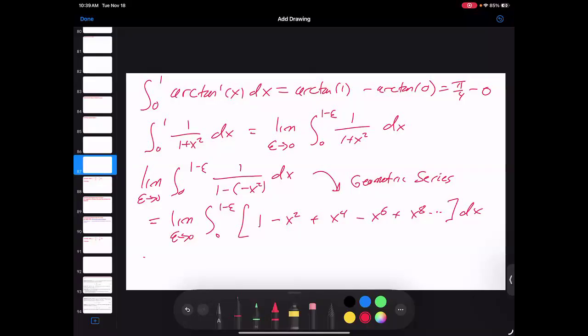So this would then be the limit as epsilon goes to 0, and now I integrate. What's the integral of 1? x, and I evaluate at 1 minus epsilon and 0, so the first term is 1 minus epsilon. The second term is I integrate x squared, so that becomes x cubed over 3. So it's going to be minus (1 minus epsilon) cubed over 3 plus (1 minus epsilon) to the 5th over 5 dot dot dot.